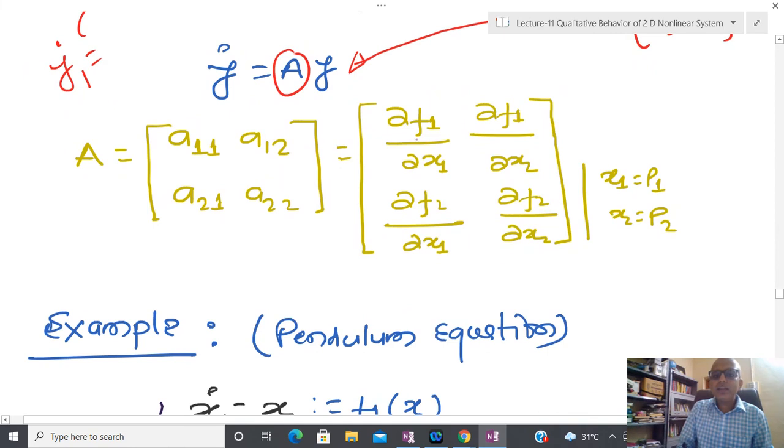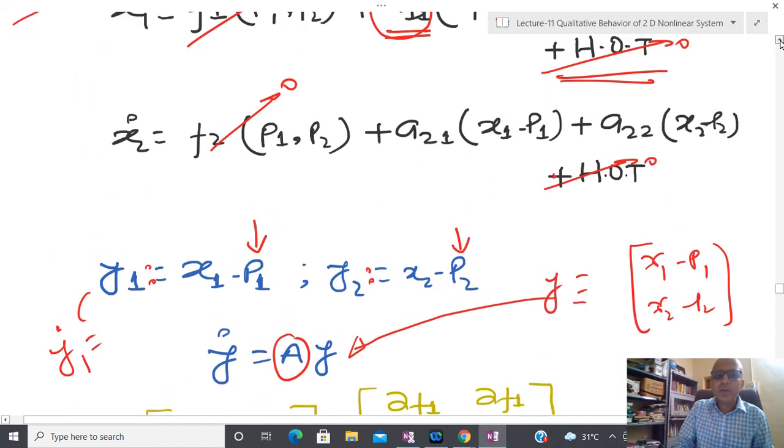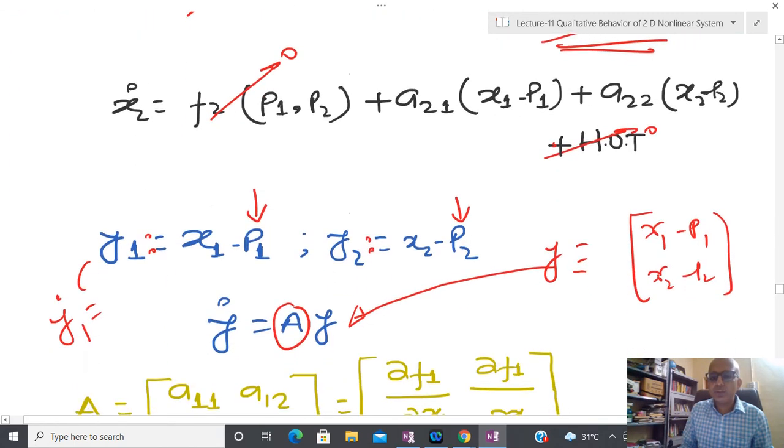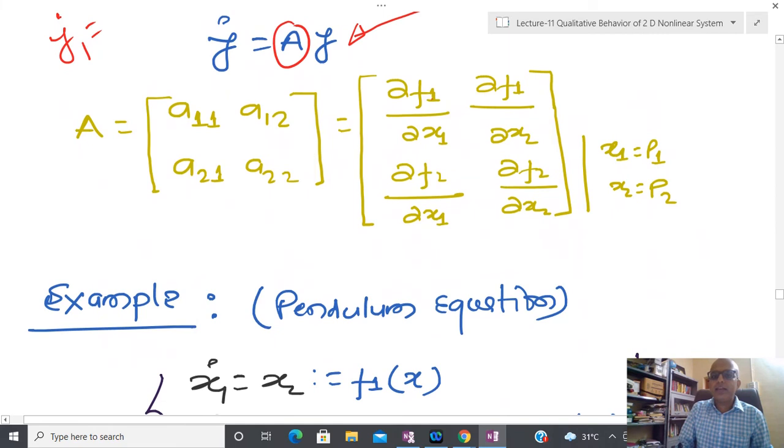In a11 only the function f1(x1, x2) is involved. So I take the partial derivative of this with respect to x1, and that will generate a11. After that, the partial derivative of f1 with respect to x2 generates a12, and for that reason I have written it like this.